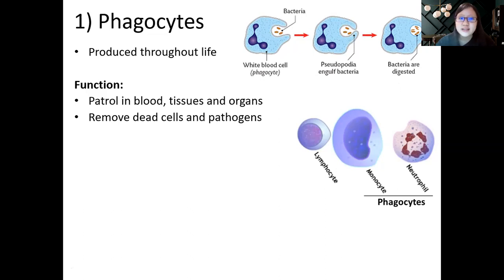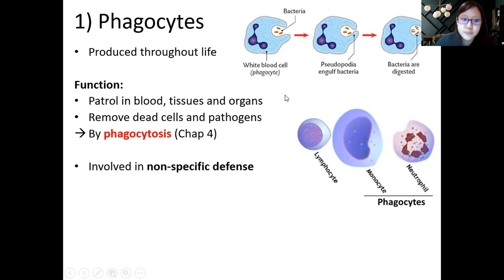They patrol the blood, tissues and organs, and they purposely detect what is non-self, what is not ourselves, and they remove it by phagocytosis. I am so glad the police do not eat us or engulf us in any way, whereas the phagocytes actually do that to whatever is determined as non-self.